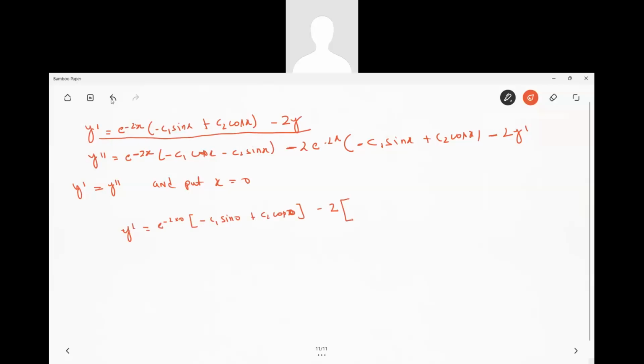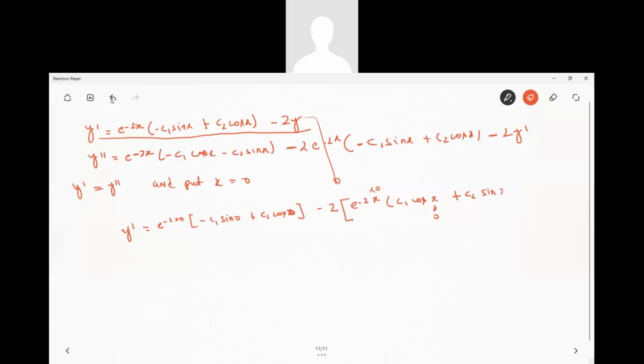Minus 2y. In 2y you have the value of y now. Y value is your e power minus 2x into C1 cos x plus C2 sine x. Instead of x you have to put 0. Now, if you open this equation, e power 0, sine 0 is 0, cos 0 is 1.